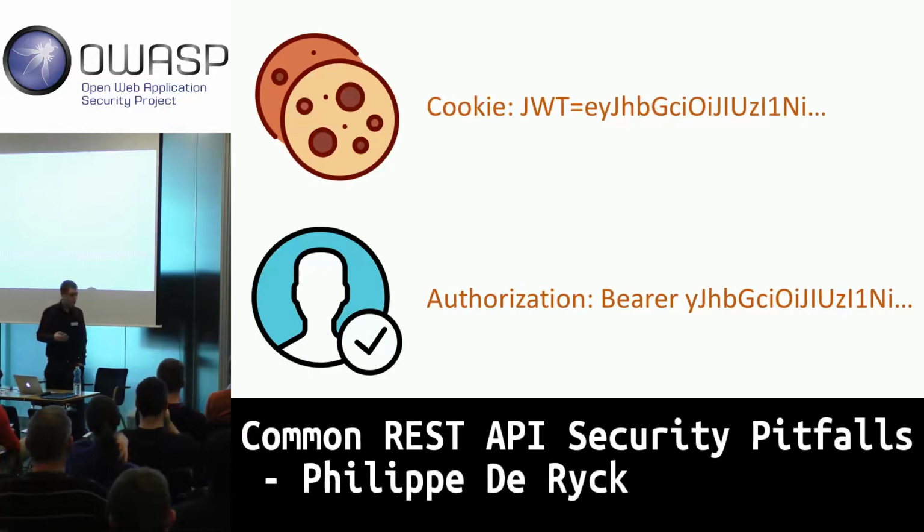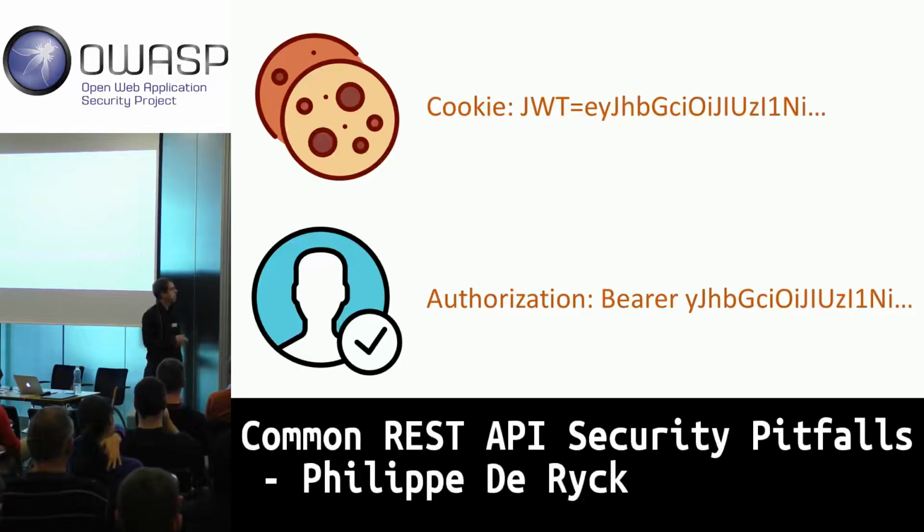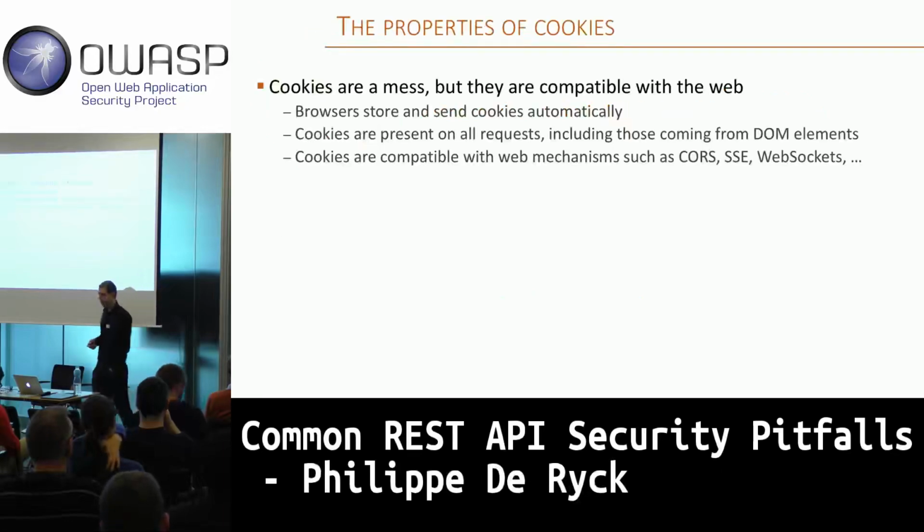But then in practice, cookies work quite well with the browsers and with web things. So cookies are often used to store more long-term information to access single sign-on services, things like that. So they actually are used in combination, and they both have very different security properties. And I want to go over each of them to make sure that you fully understand what they're about and how they impact the security of your application.